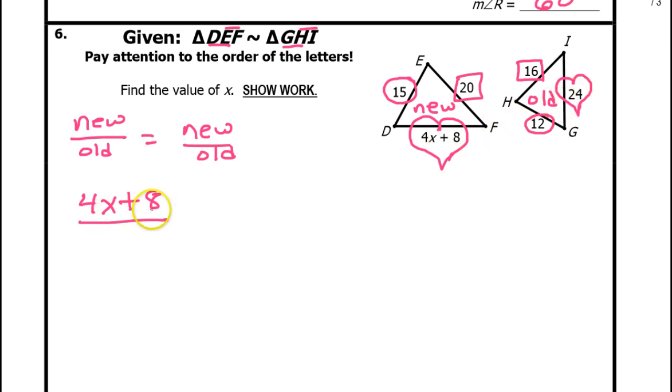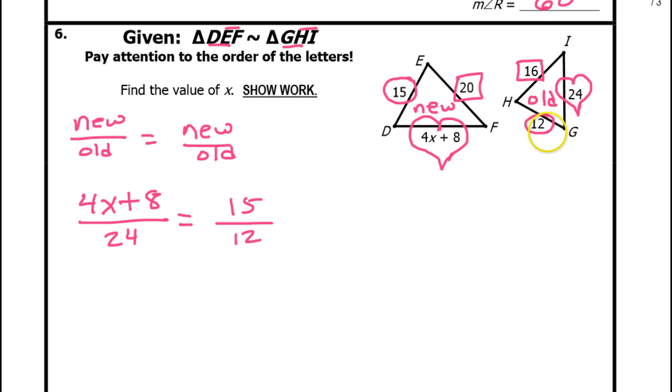So I'll do 4x plus 8 over 24 is equal to, and now I can really pick any of the other sides. For example, 15 over 12. I just have to be careful to do new over old equals new over old.